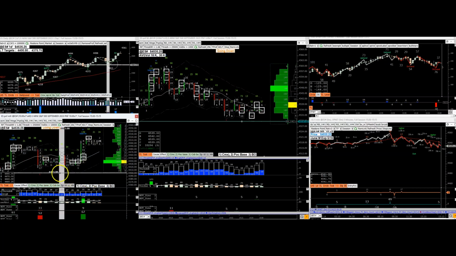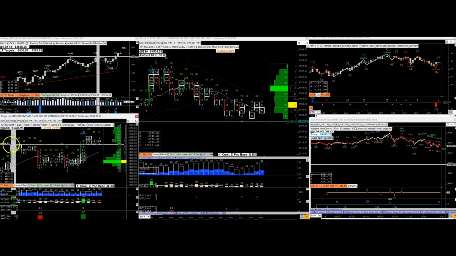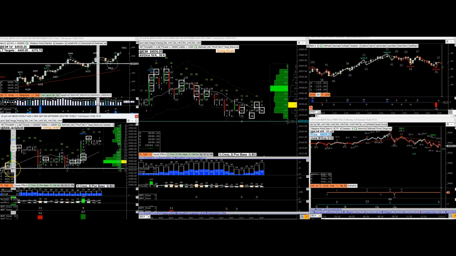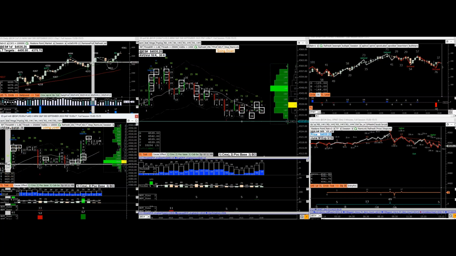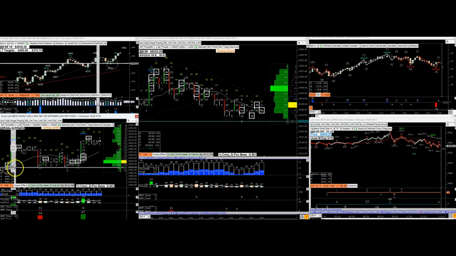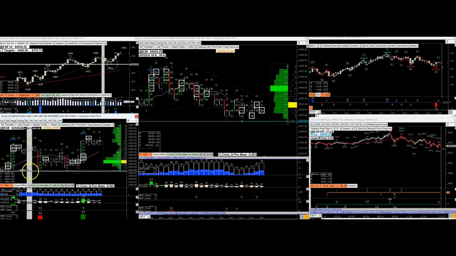What else is interesting is that it pulls back right to the high volume area of the prior markup, exactly where I expect the buyers to reinitiate the buying activity.